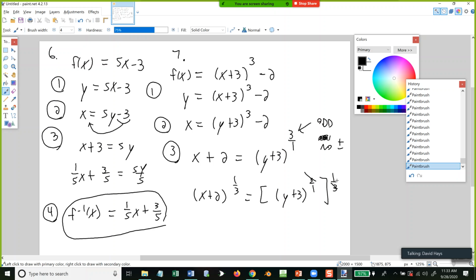Now the 3's cancel here, the 1's cancel, and you get y plus 3. We know the 1/3 power is the cube root. That's what they often teach you in earlier algebra classes. They just say take cube root of both sides, which works, but the reason why you don't have to put plus or minus is because of the odd power here.